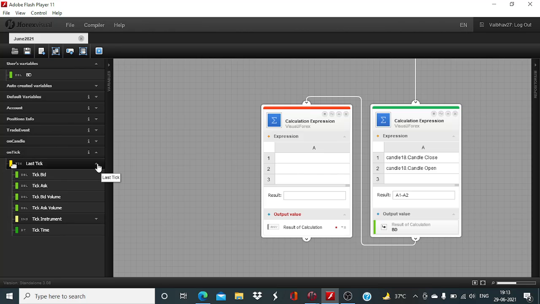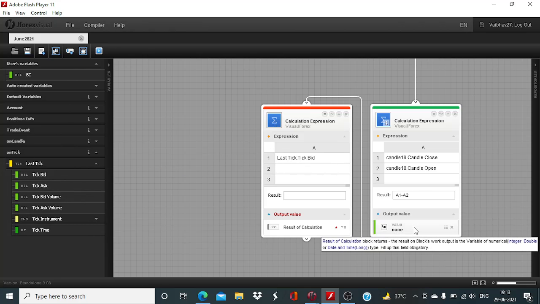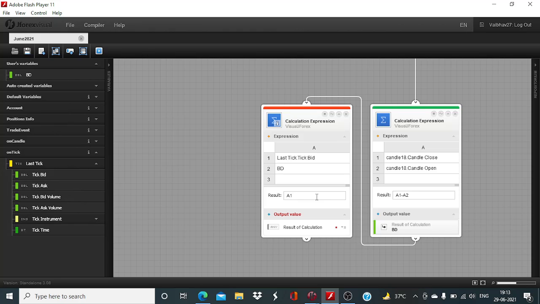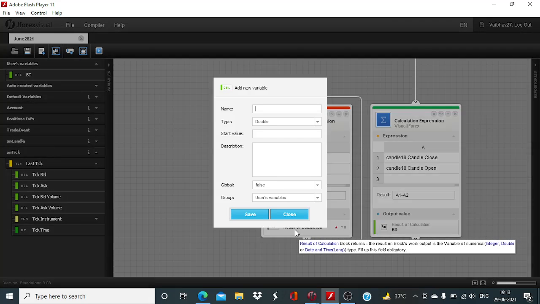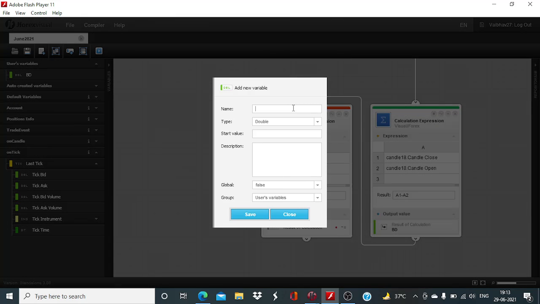On tick, last tick, and you will do last tick bid or ask. I will take bid and deduct the difference. So again it is going to be A1 minus A2, and this will be the execution price for the buy trade.